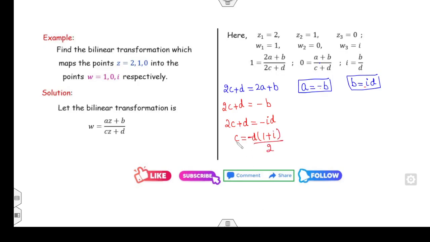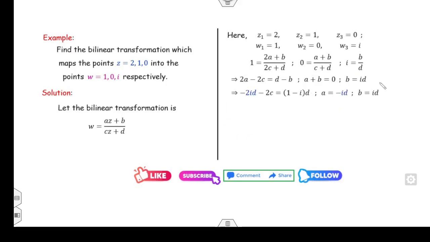Now C is in terms of D. A is also in terms of D, and B is also in terms of D. So I have computed all those values in terms of D.